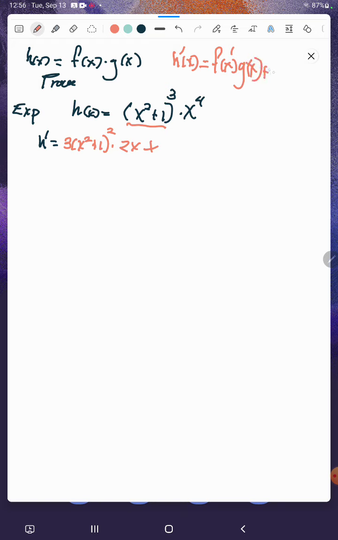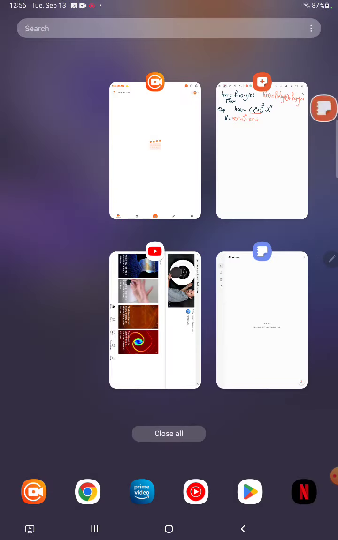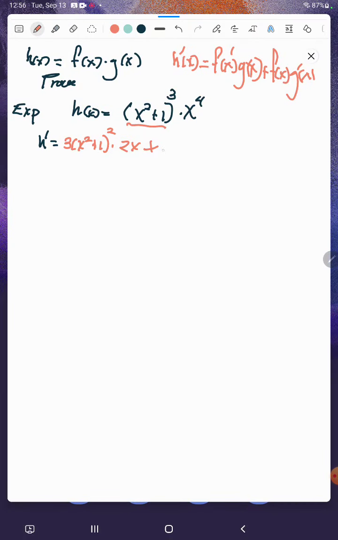Then I'm going to add, then I'll leave f of x alone, and I'll take the derivative of g, g prime of x. That's how you do the product rule. So you can see here, I got the plus sign from right here, and I brought it down over here, that's a plus.